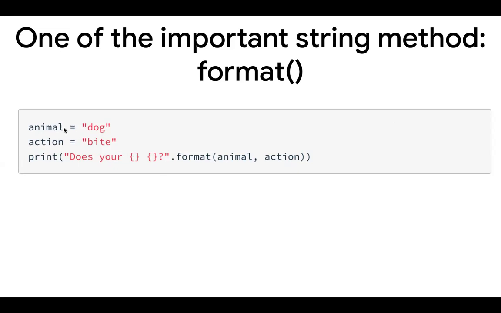We call the method and put the variables into the format method, and then it will read the variables one by one and put them in the place that we want.